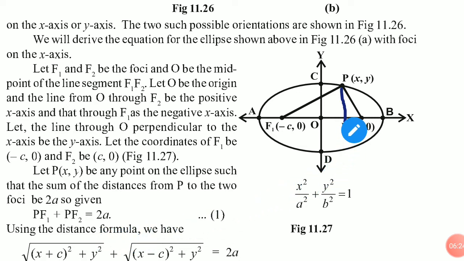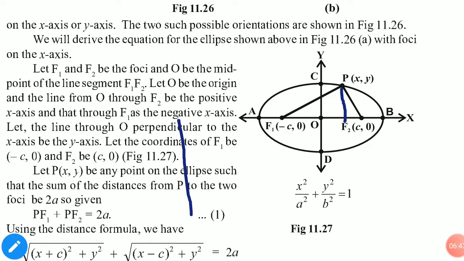Same for this small triangle. The small distance from the perpendicular to the second focus F2 is x minus c, or you can use c minus x, because you have to square it anyway.